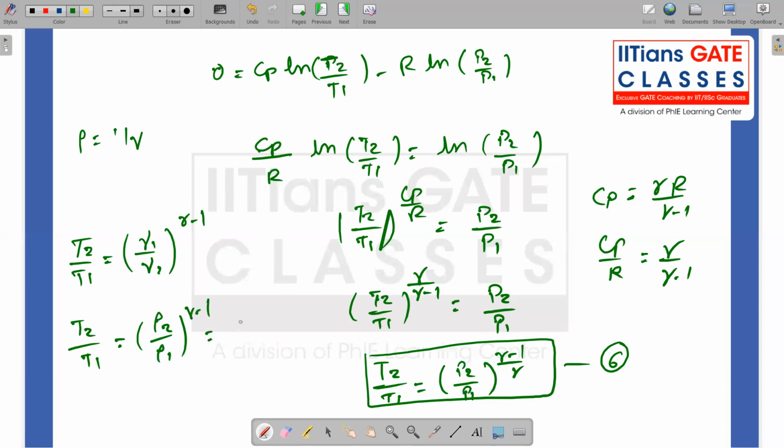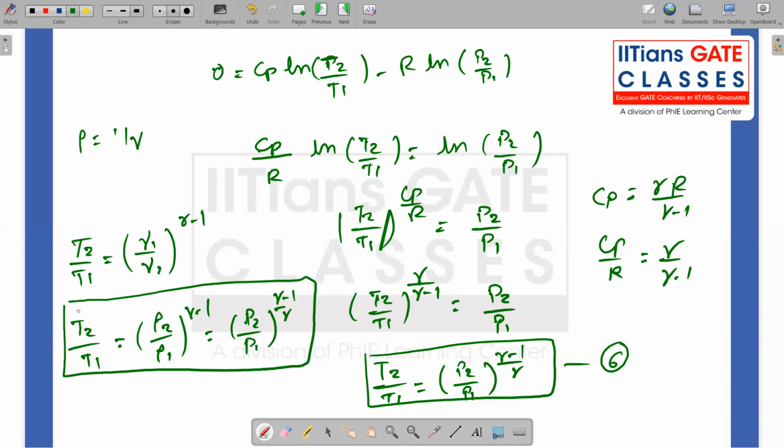This is also equal to P2 by P1 to the power of gamma minus 1 by gamma. So this is the well-known isentropic relation. This is an important relation between the thermodynamic variables within the process. I can relate thermodynamic variables using these relations if the flow is going through an isentropic process, right?